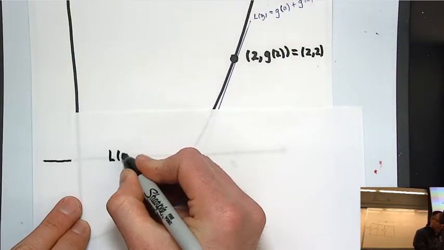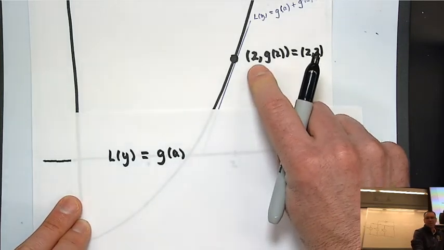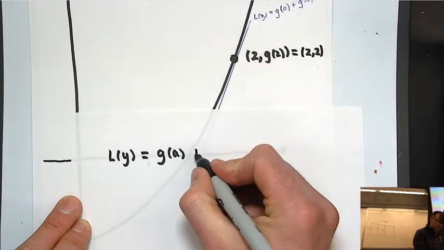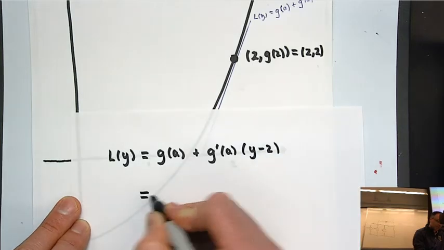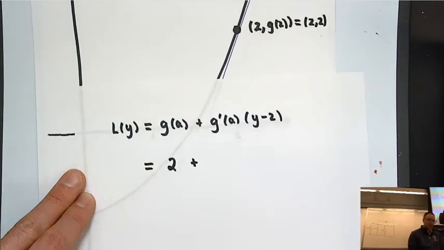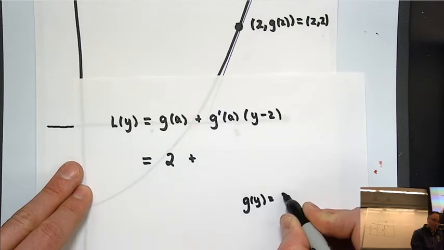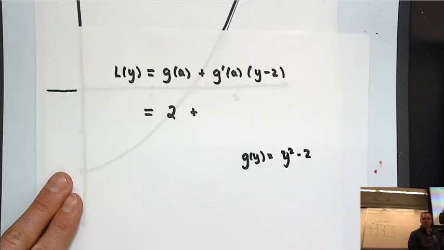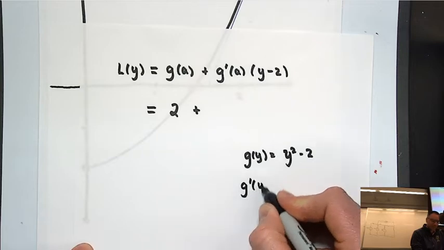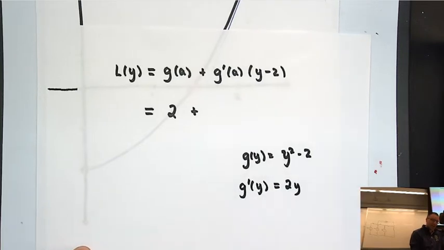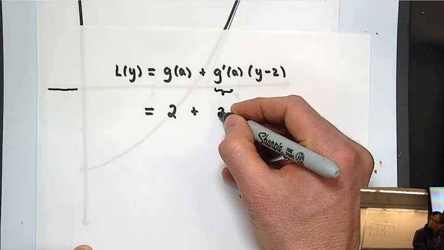So L of y is g of a. In this case, what's a? 2. Plus g prime of a times y minus 2. Let me ask you this: if g of y is y squared minus 2, then what is g prime of y? 2y.